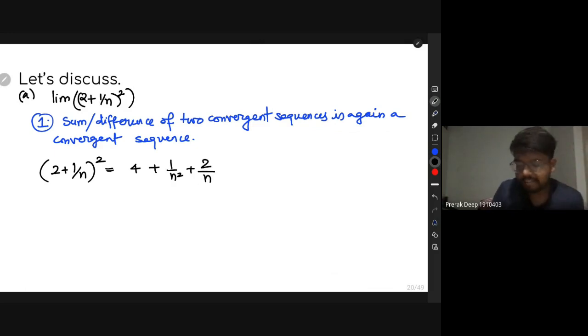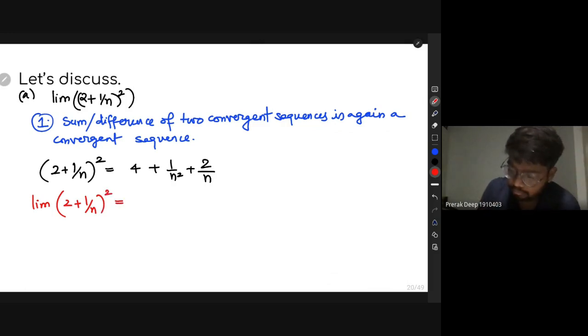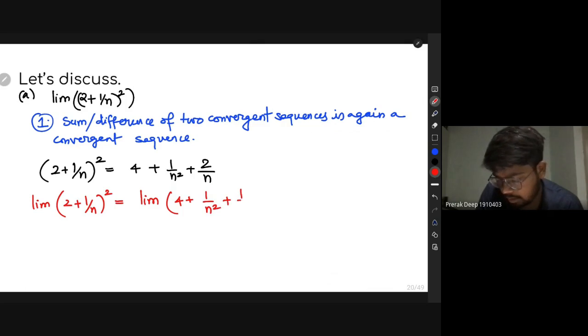You can see that this sequence becomes the sum of three sequences. The first sequence is a constant sequence 4, the second sequence is 1 over n square, the third sequence is 2 over n. So finding the limit of this sequence is the same as finding the limit of the individual three sequences and then summing them up.